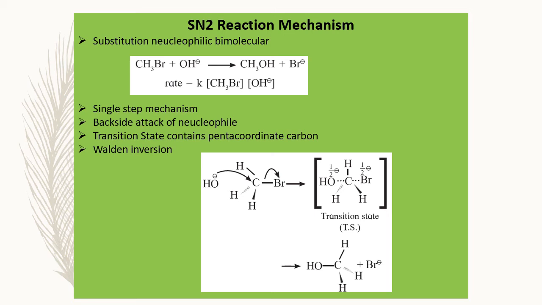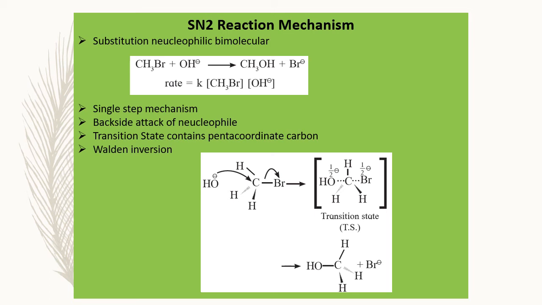Another important feature of this reaction is backside attack of nucleophile. The nucleophile attacks the carbon undergoing substitution from the side opposite to that of the leaving group, and this is to avoid the steric repulsion and electrostatic repulsion between incoming nucleophile and leaving group.